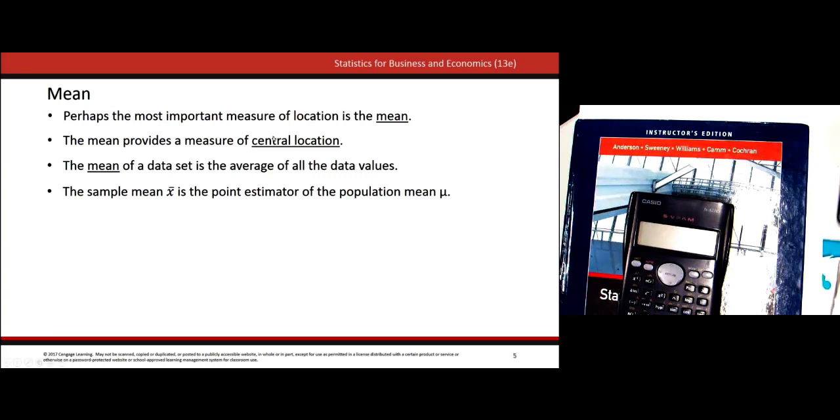It provides a measure of central location. It is the average of all the data values. X bar is the sample mean. Mu is the population mean.